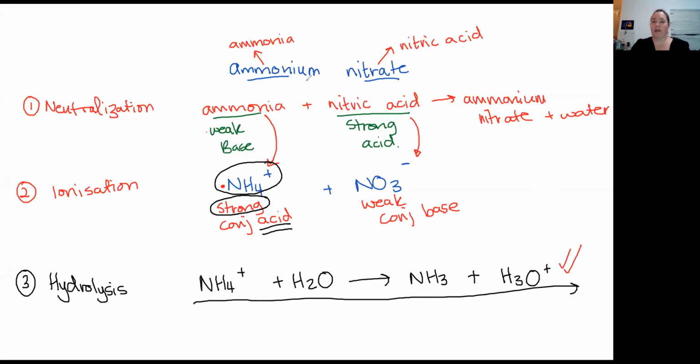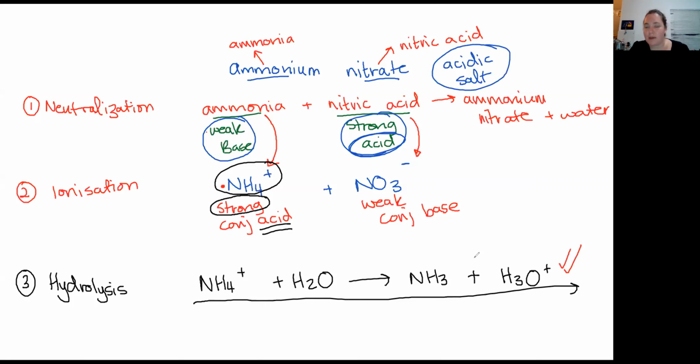So if we're looking at this, we've got to also start answering some of the other questions. Right at the beginning, we knew we had a weak base and a strong acid. So even from that point, we could predict that ammonium nitrate is going to be an acidic salt. Okay, so if the question is quite simply what type of salt is it, acidic, basic, or neutral, you could have jumped in right at this step, figured out what acid and base we used to make ammonium nitrate, and then jumped straight to your answer.